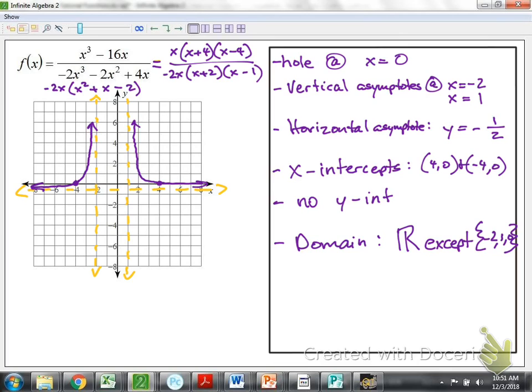Where's the graph in that center section? Doesn't cross the x-axis, right? Do we have another x-intercept? Okay, so it's going to either look like this, hug these asymptotes like that, not going to cross the x-axis, or it's going to look like this.